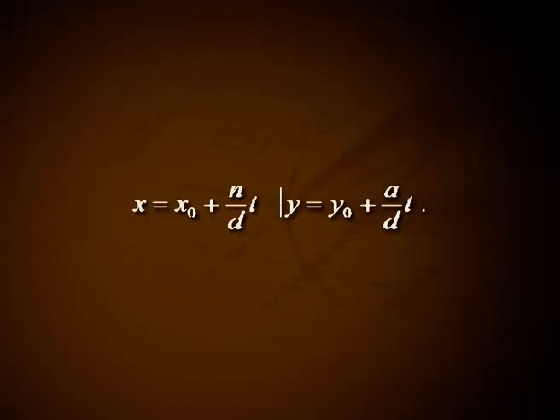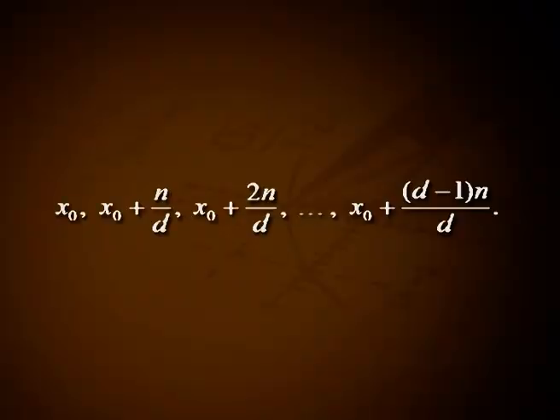We know that the latter equation can be solved if and only if d divides b, where d = gcd(a, n). Moreover, if it is solvable and x0, y0 is one specific solution, then any other solution has the form x = x0 + (n/d)t, y = y0 + (a/d)t for some choice of t.